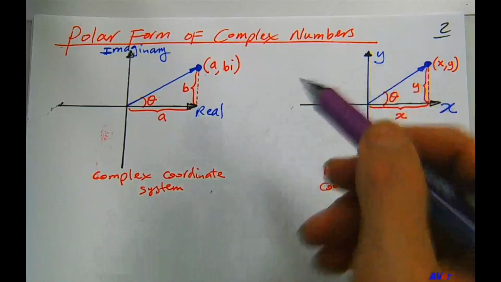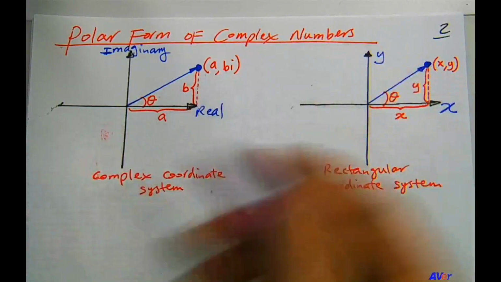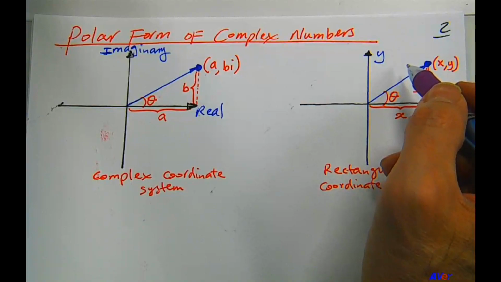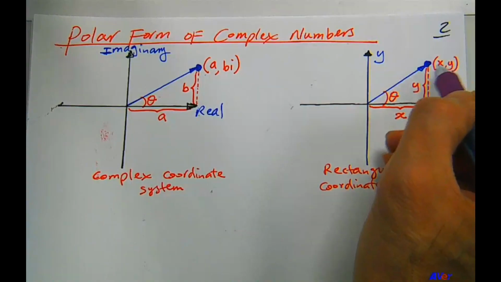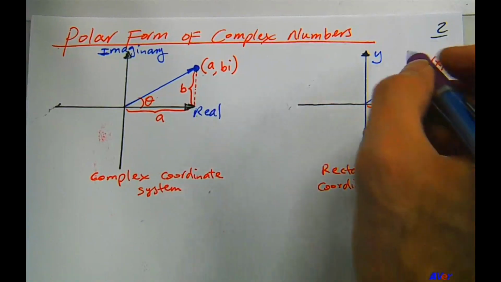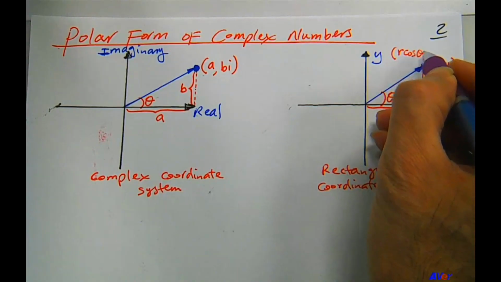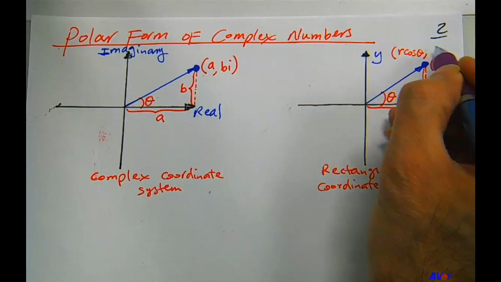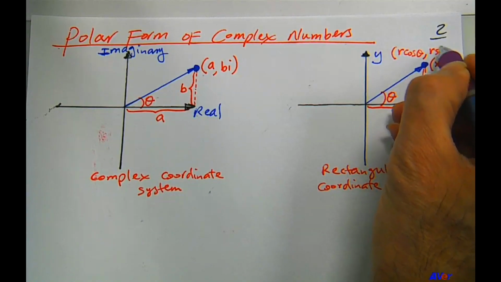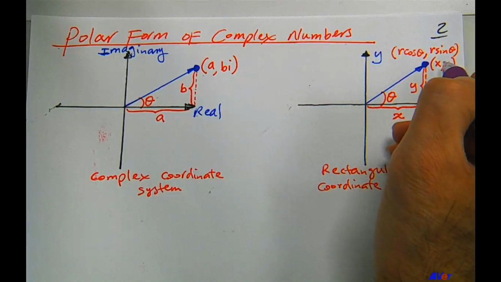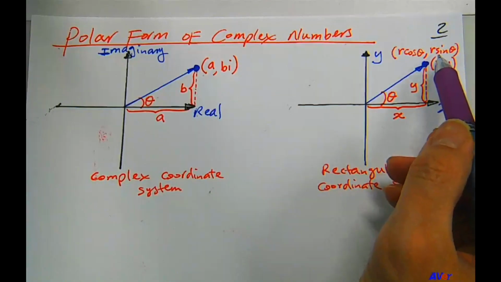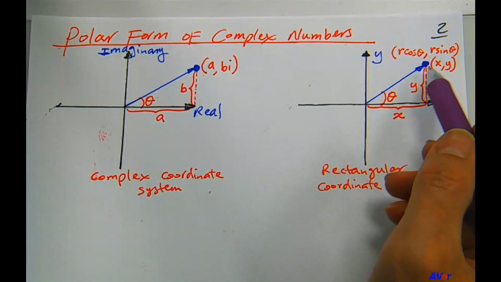But we also learned last class, or in last lecture, I think it was 8.2, that x is equivalent to r cosine theta, and y is equivalent to r sine theta, right? We could do a very quick test of this if you forgot.